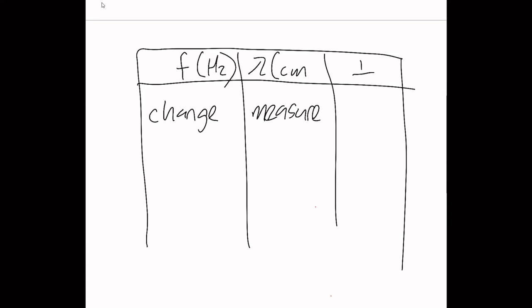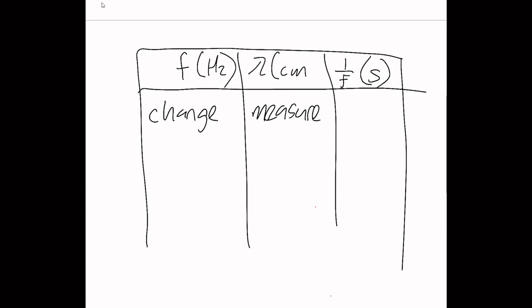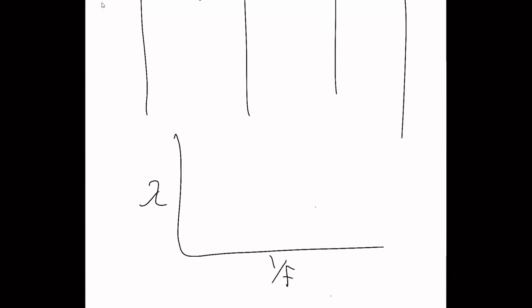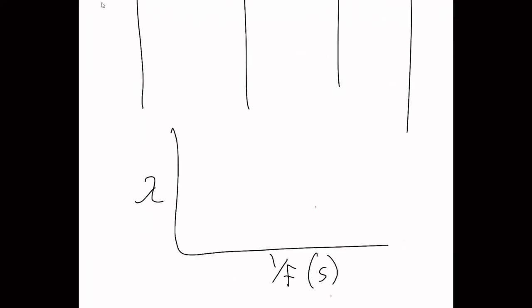You need to put a column for 1 over f, which is actually just seconds. And then you're going to plot a graph of wavelength over 1 over f in seconds. That's obviously centimeters. And then you'll find a straight line with gradient speed.